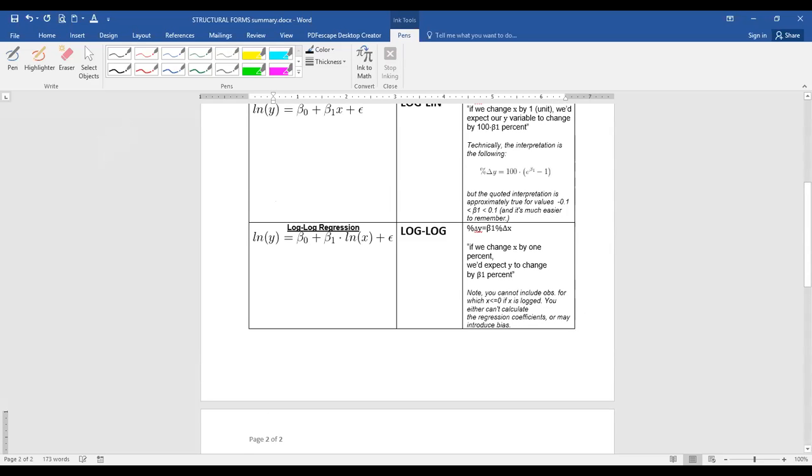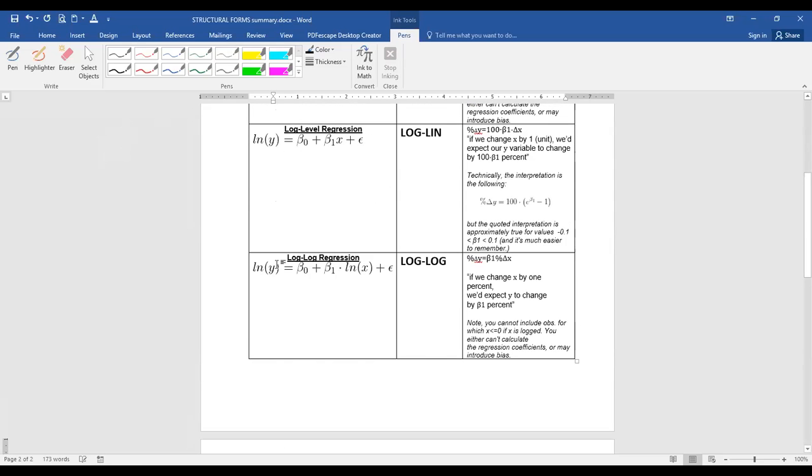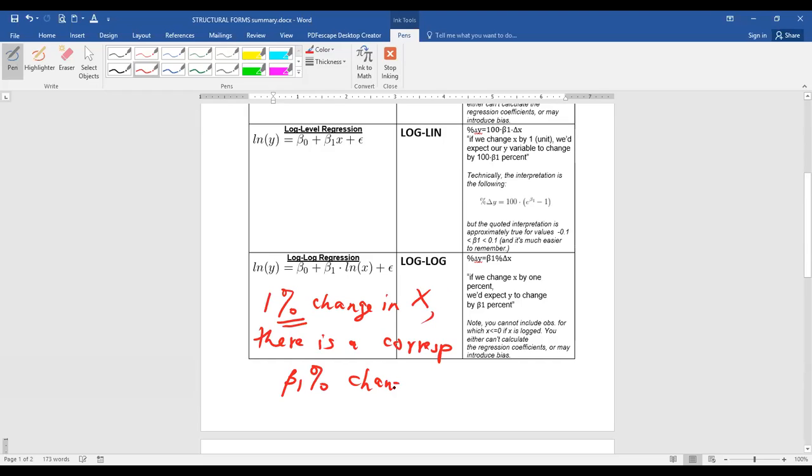For every 1% change in your x, there is a corresponding beta 1% change in y.